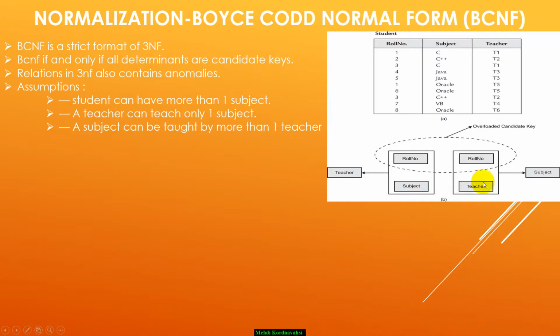Here is a teacher, with many students, roll number and subject assigned to the teacher. And here is a subject, again roll number and teacher assigned to the subject. As you see, we have an overloaded candidate key of roll number here.